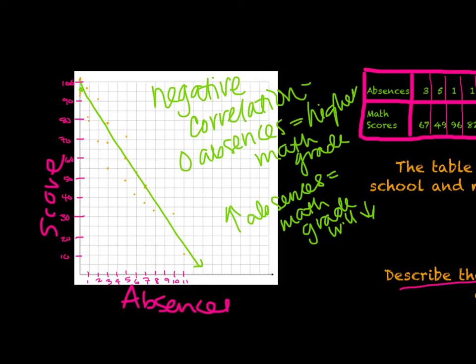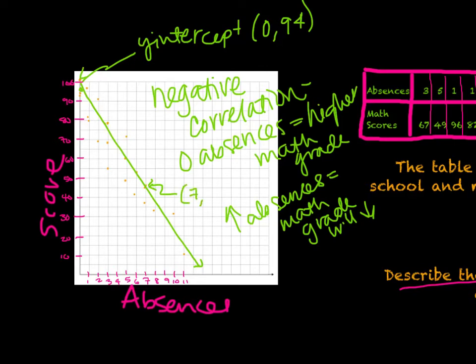I want to say that my y-intercept would be the 94 point. It looks like we also have another point where we have 7 absences, and I believe it's 50. Yep, 7 and 50%. So at 7 absences, the grade is typically 50%. We can describe the data in that way.